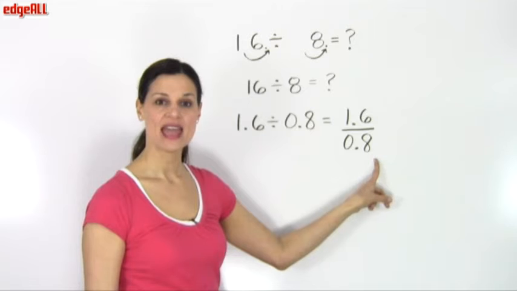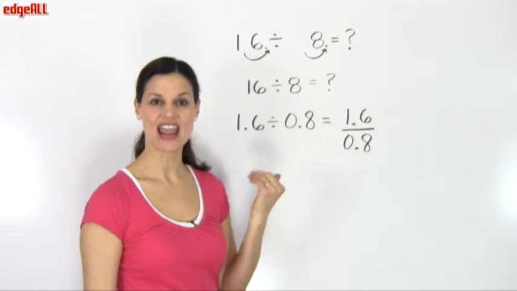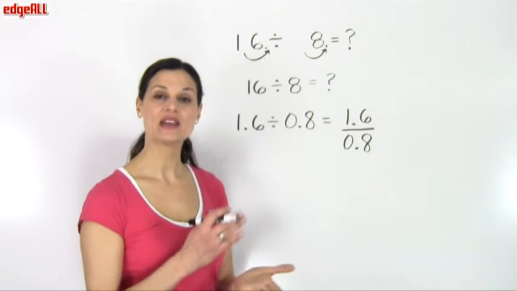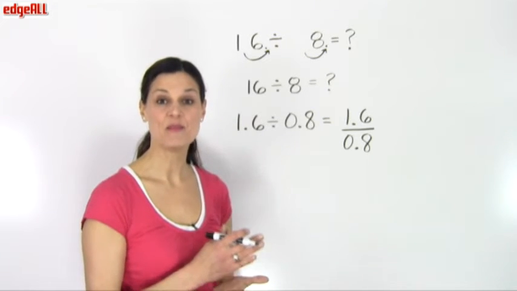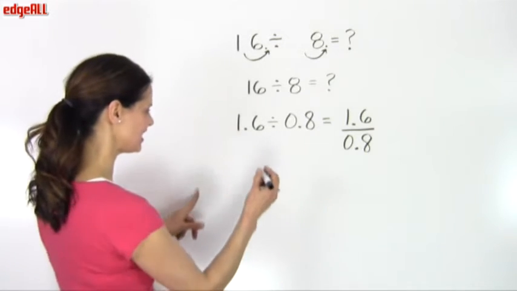Now, when we have a fraction, the numerator and the denominator, and we multiply both numbers by 10, let's take a look at what happens.